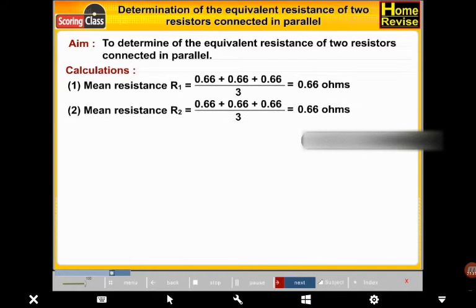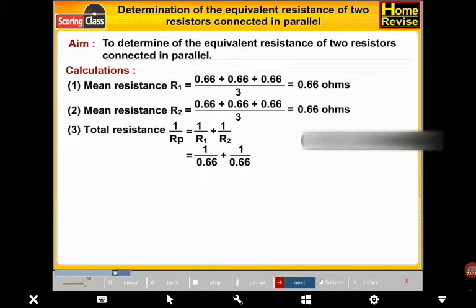Mean resistance R2 is equal to 0.66 plus 0.66 plus 0.66 upon 3, that is 0.66 ohms. Number 3. Total resistance: 1 upon Rp is equal to 1 upon R1 plus 1 upon R2, which is equal to 1 upon 0.66 plus 1 upon 0.66.